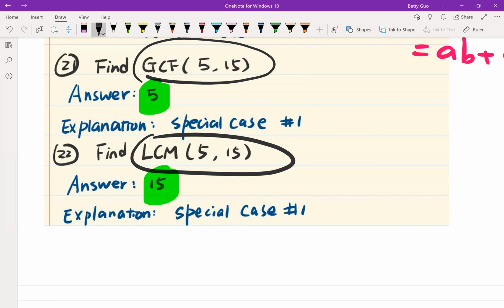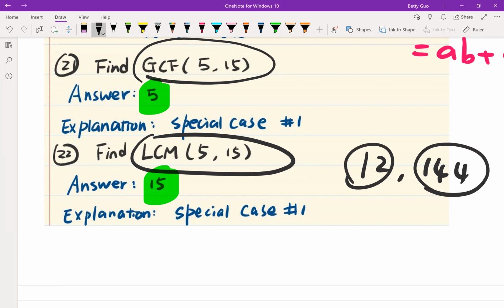So let's do one similar problem. Let's say 12 and 144. What's the GCF of the two numbers? What's the LCM of the two numbers? Perfect. So that's it, right? 2 points for special case number 1.